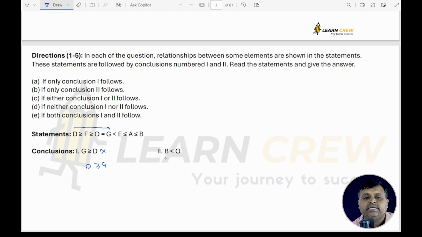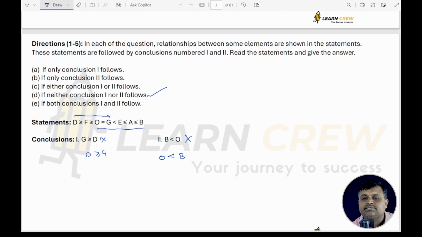And B less than O. Between O and B, you have one family and lesser equal to. So you will get O less than B. So B less than O is wrong. So the answer is neither 1 nor 2.